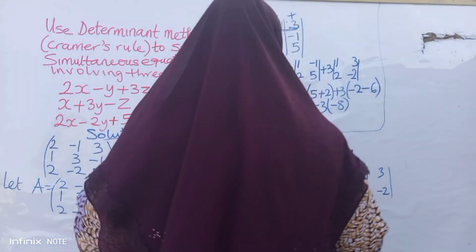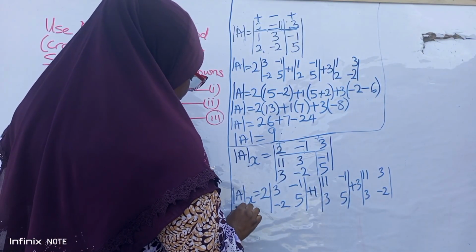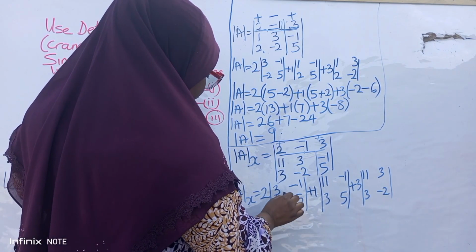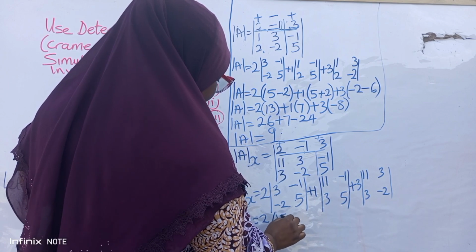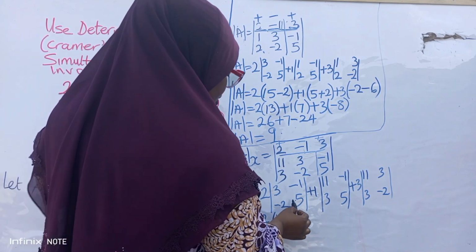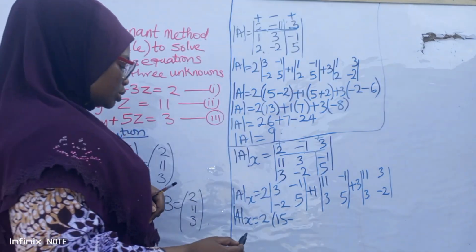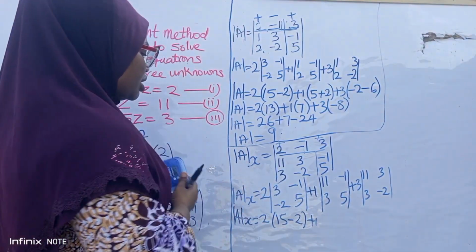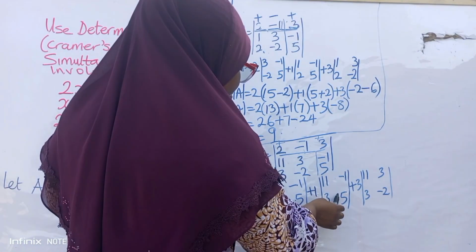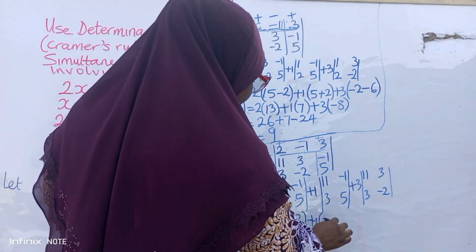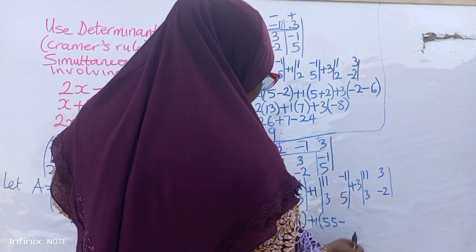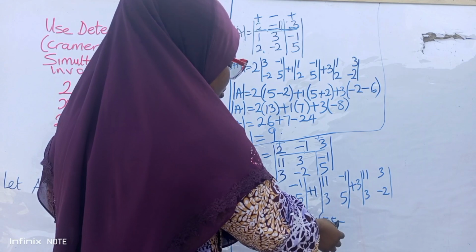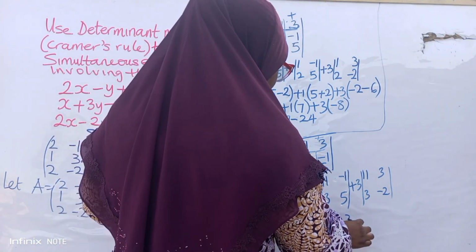So now the determinant of A subscript X will be 2. 3 multiplied by 5 is what? 15. Minus 2 multiplied by minus 1 is what? Plus 2. So that is minus 2, plus 1. So from here, I have 11 multiplied by 5, that is 55. Minus 3 multiplied by minus 1 is minus 3. So multiplied by minus gives plus.